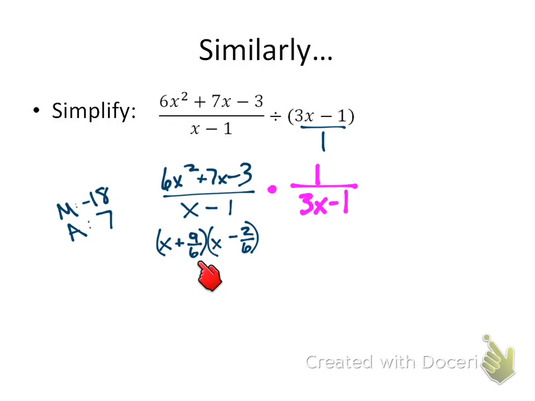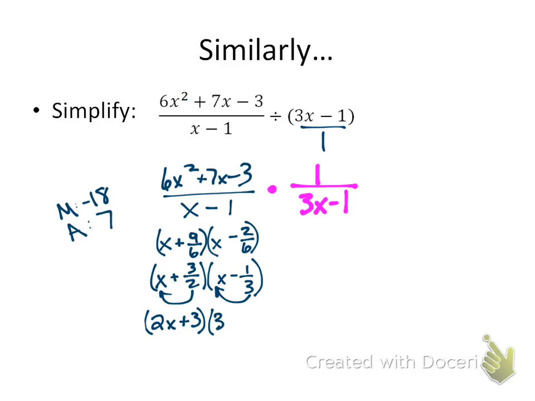If it does not simplify to an integer, I will put the bottom up to be a coefficient. Neither of them reduce to a whole number or an integer, so I'm going to put each one of their denominators up as coefficients in their own parenthesis. So this factors into 2x plus 3 and 3x minus 1.